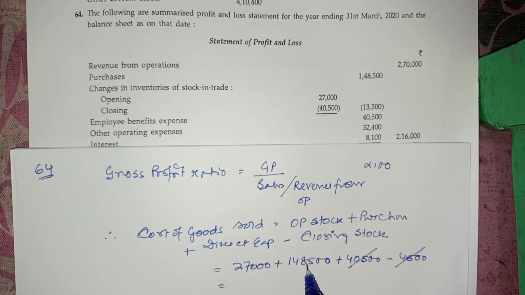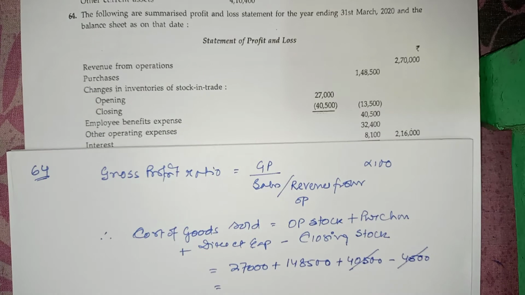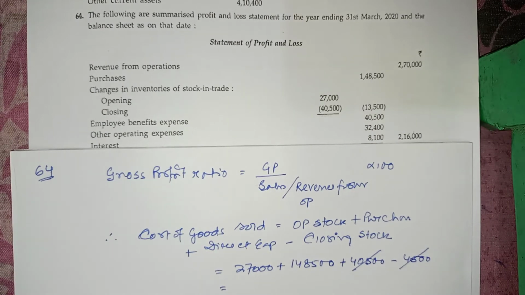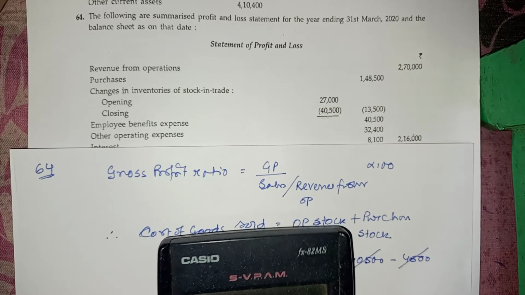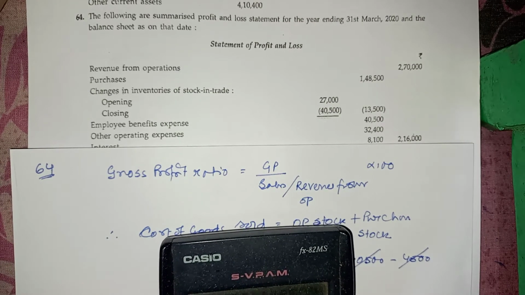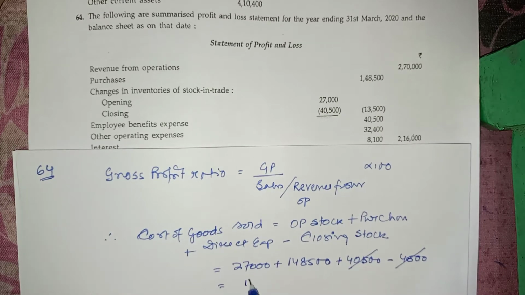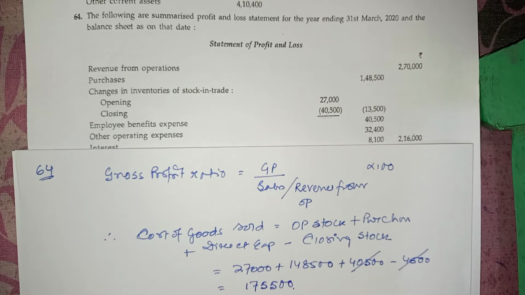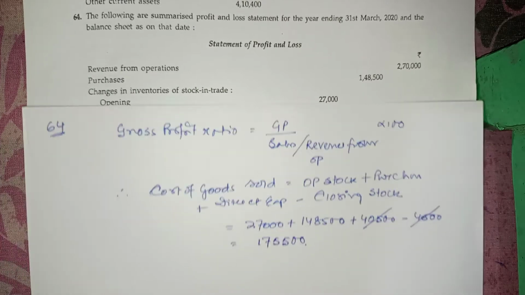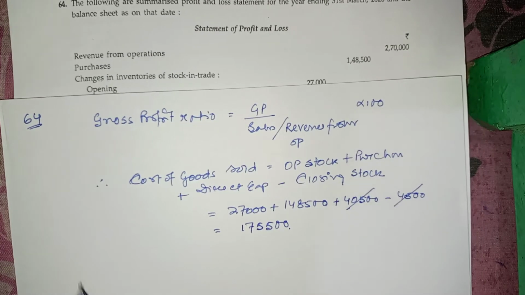So 27,000 plus 1,48,500 gives 1,75,500. Okay, so the cost of goods sold is fine.